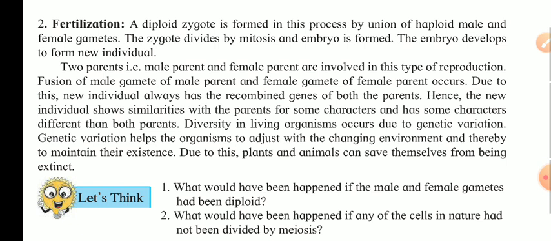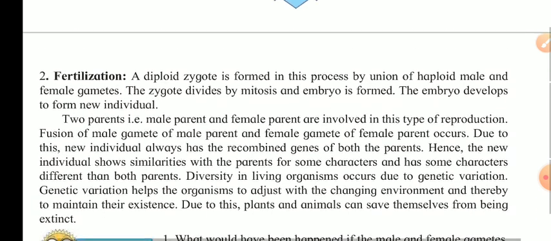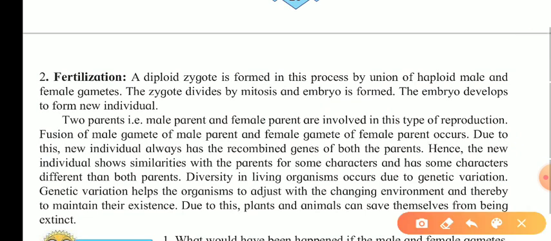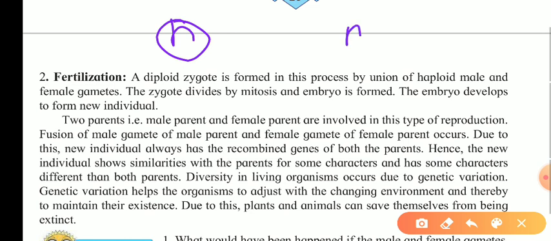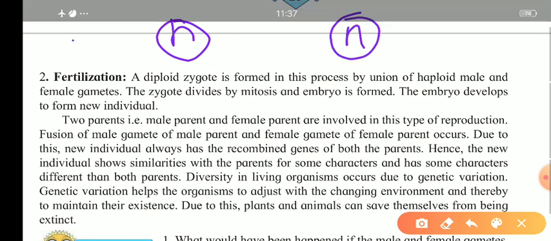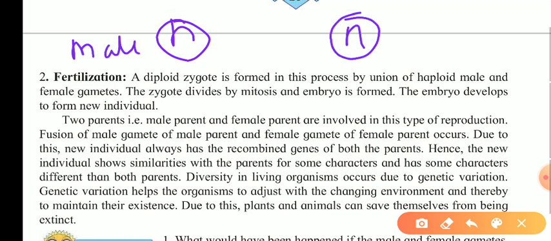Now fertilization is nothing but the formation of the diploid zygote. Diploid zygote means what? Just now we have seen that haploid gametes are formed. One is a male gamete and one is a female gamete. The fertilization process is a combination of these two.